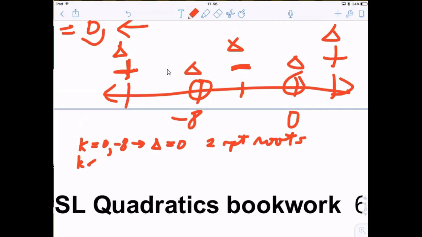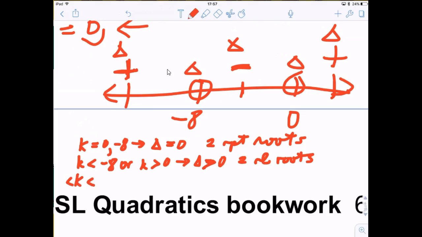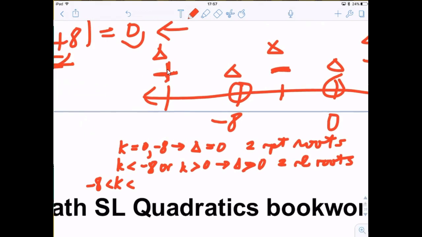If k is less than -8, or k is greater than 0, then delta is greater than 0, which means 2 real roots. And if k is between -8 and 0, then delta is less than 0, which means no real roots.